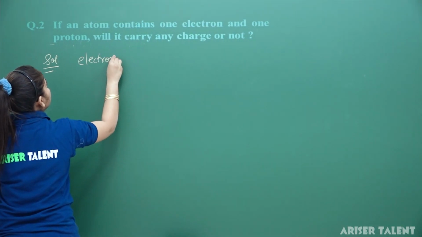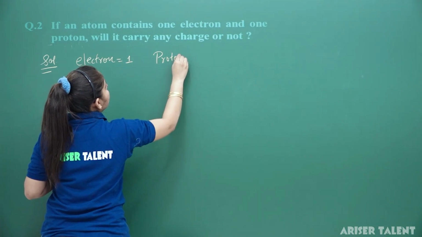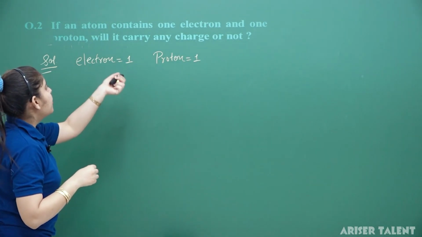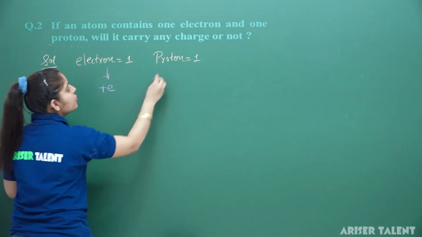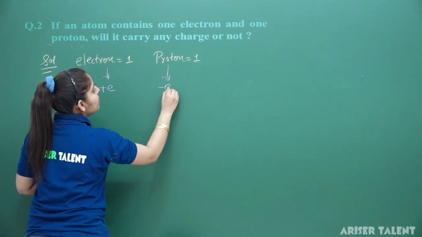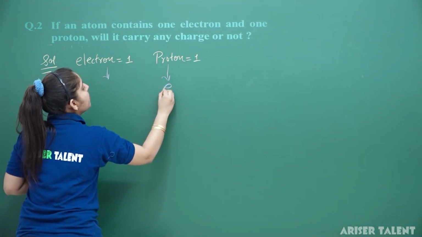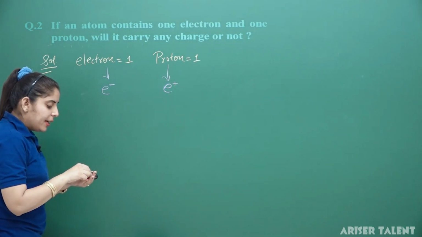Electron 1, proton 1. If we are given one electron and one proton, the proton will carry positive charge, the electron will carry negative charge.